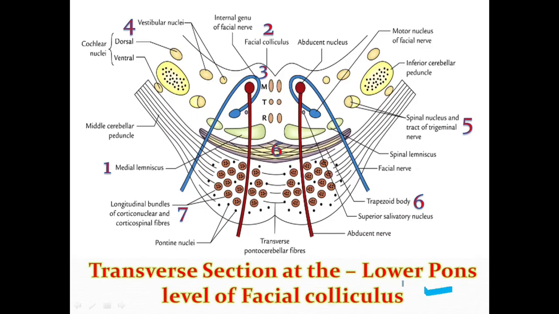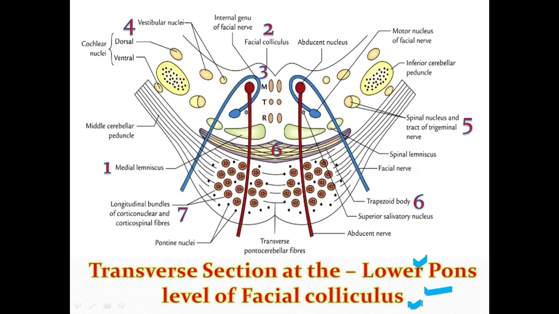Transverse section at the level of the lower part of the pons, I can use the term facial colliculus. When you study the external features of the pons on the posterior aspect, there is the median sulcus and, on either side, the medial eminence.